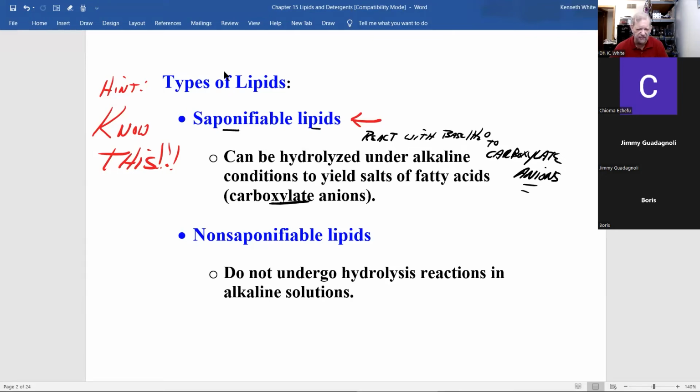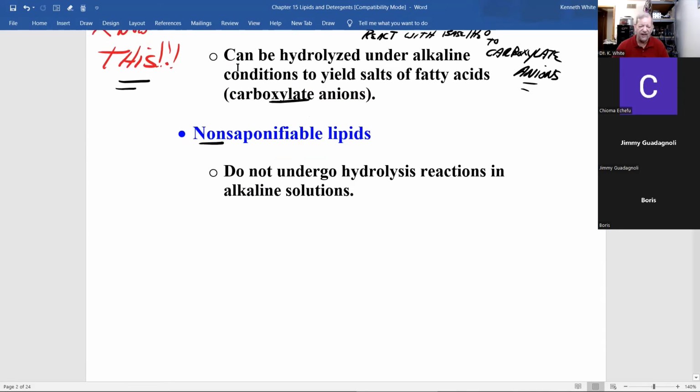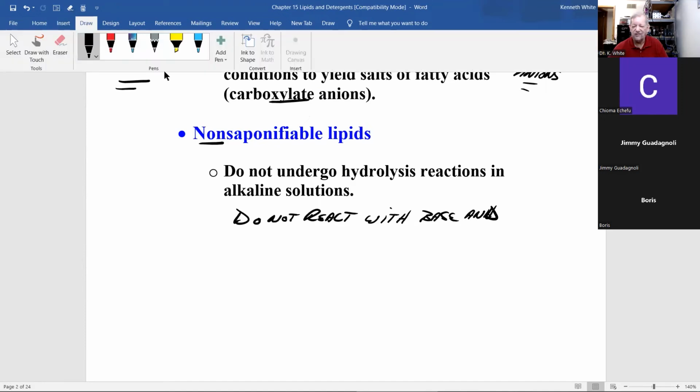Now, the other type of lipid you should know, remember, know this, is non-saponifiable lipids. And they do not undergo hydrolysis reaction in alkaline solutions. Another way, let's see if I can spell better.